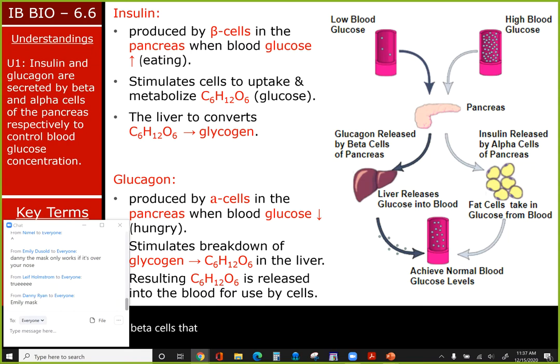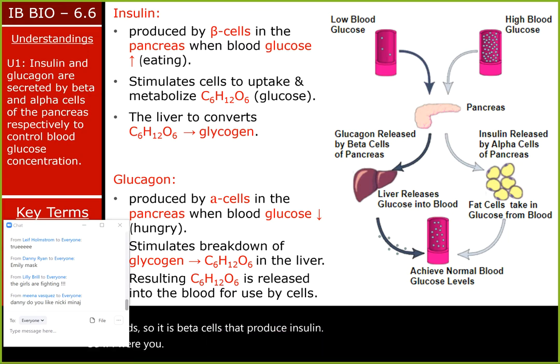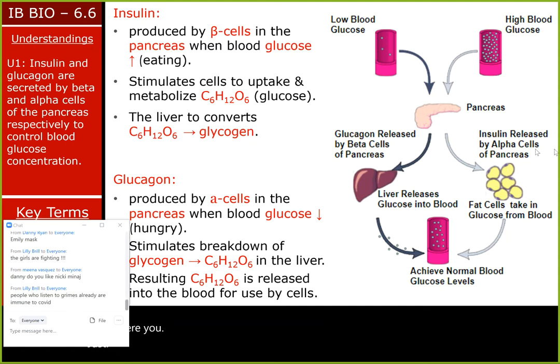This diagram is backwards. So it is beta cells that produce insulin. So if I were you, just cross out beta on this side and put alpha, and cross out alpha on this side and put beta. I don't know why that diagram's incorrect.